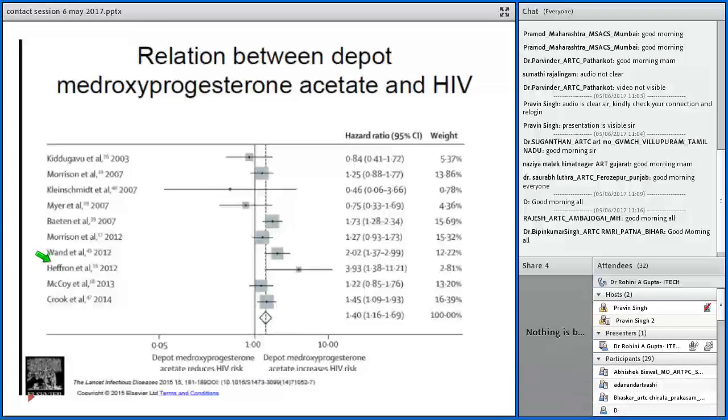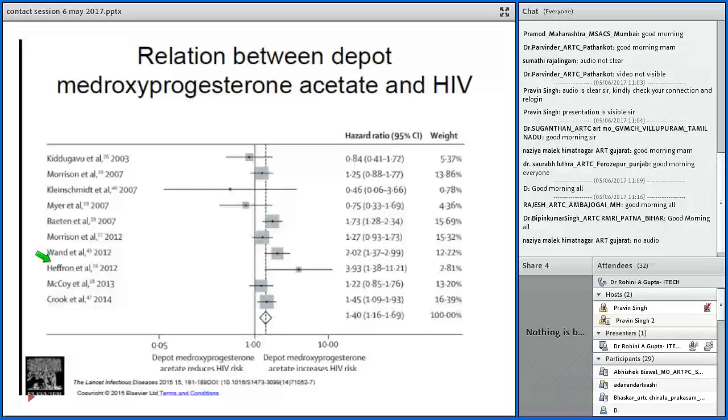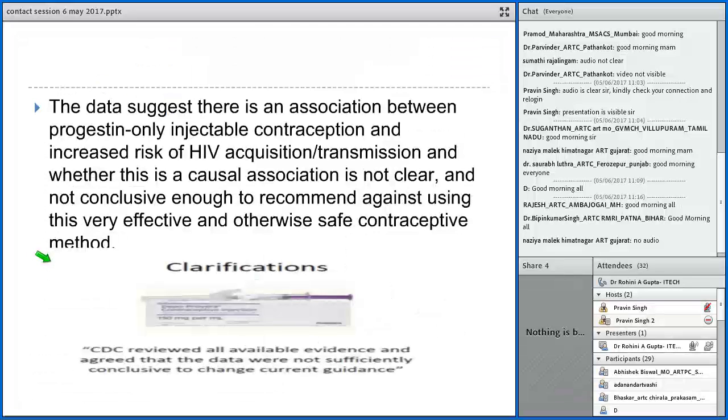So a lot of studies have been done on the relation between DMPA and HIV. This is what is called a forest plot, and basically it shows the hazard ratio risk. So 3 studies have shown less risk, 7 studies have shown a higher risk of getting HIV.